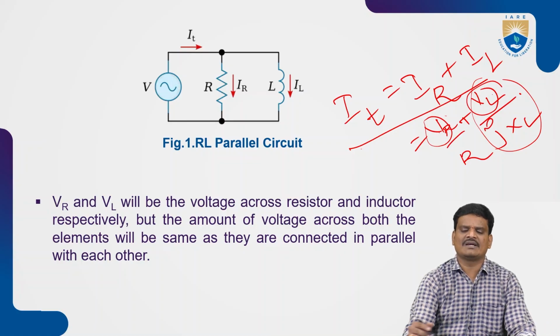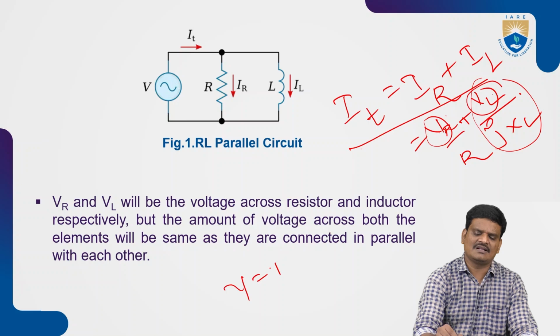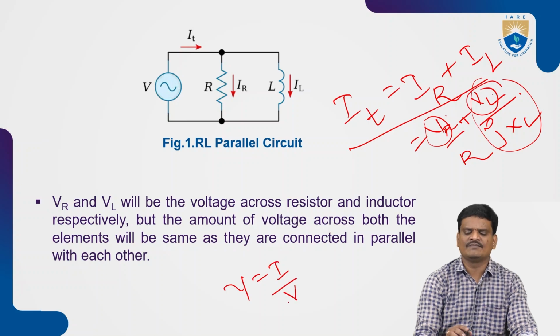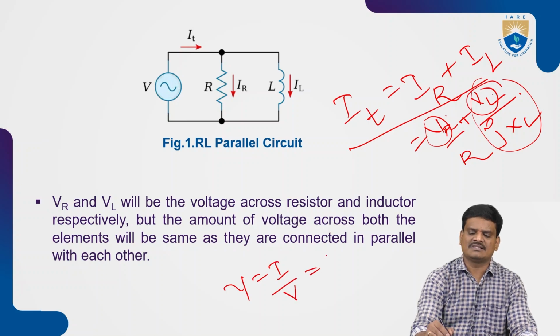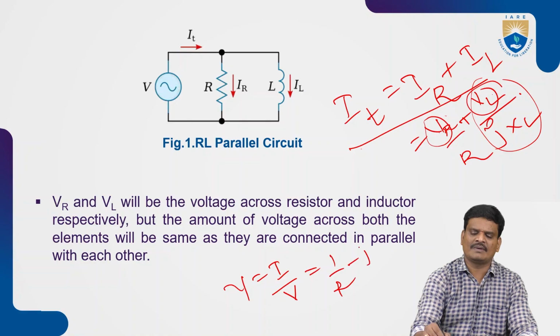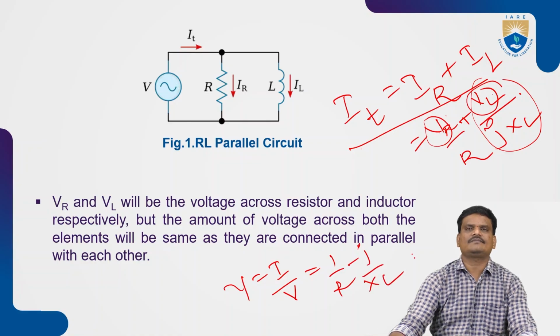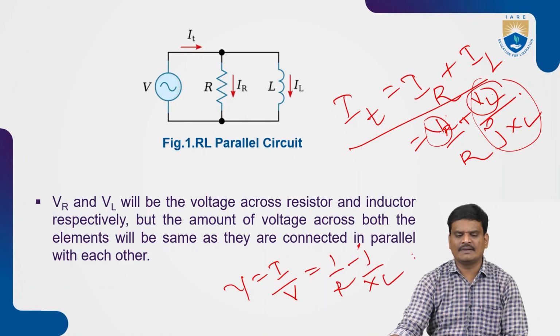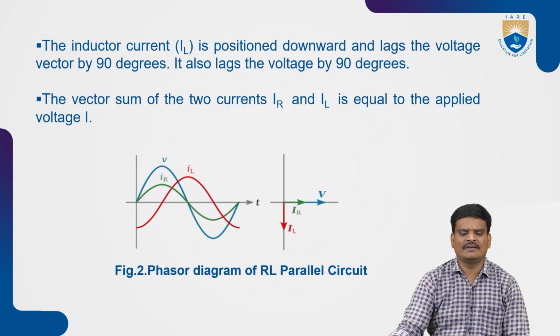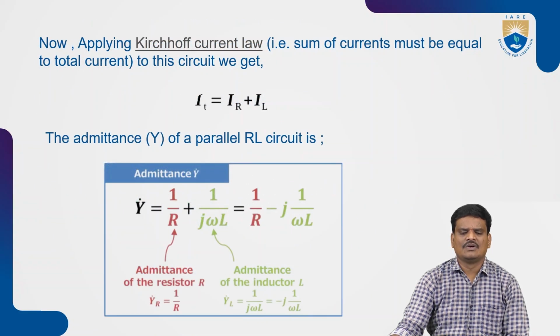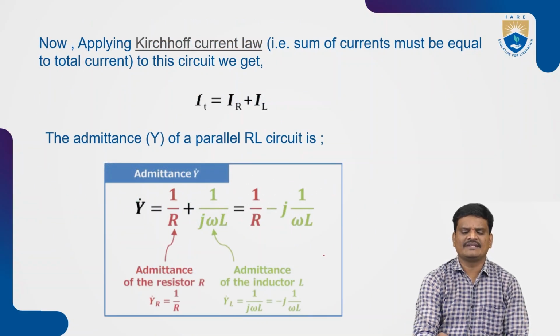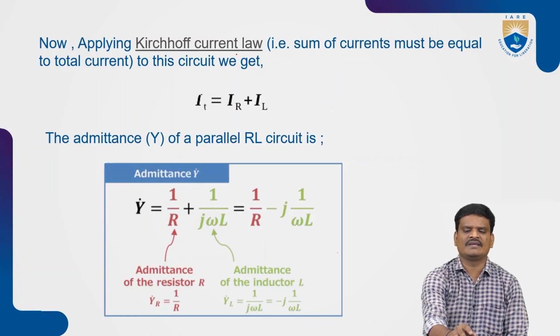By using that, you calculate the value of I, and the general expression is I by V, or it can also be written as 1 by R minus J by XL. So this is how you get the expression for the admittance of the given circuit, by applying Kirchhoff's current law.